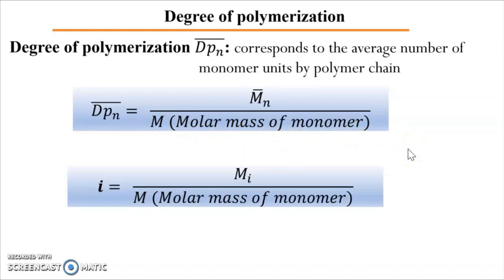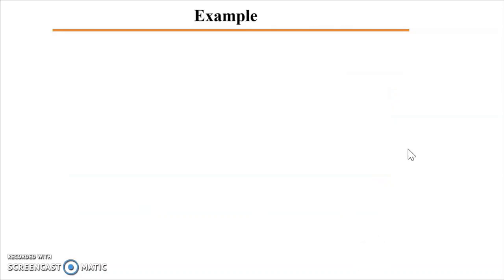So in these macromolecular dimensions, we are able to determine the number of polymer chains, the weight of these polymer chains, and the fractions in number and in weight. We are also able to determine the average molecular weights in number and in weight, and also the dispersity and the degree of polymerization.